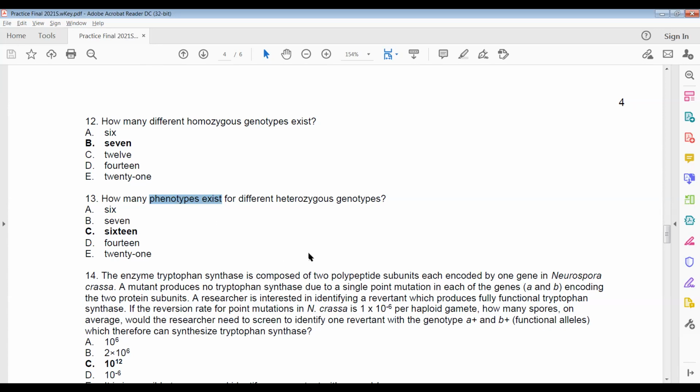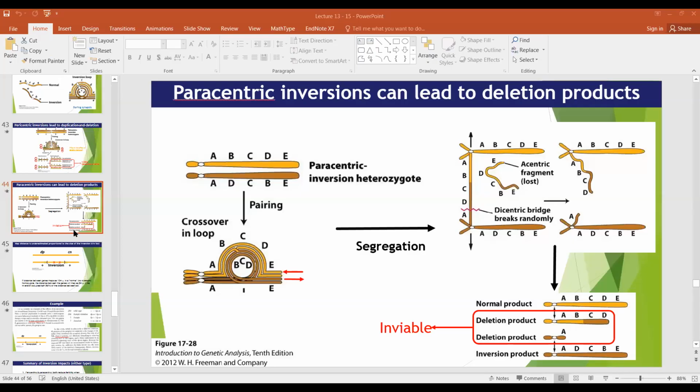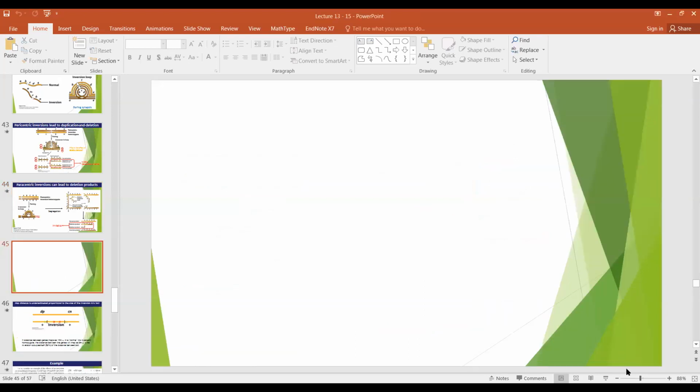So let's see. Maybe I can show you this. Let me put a new slide here. Okay, we have 7 alleles.